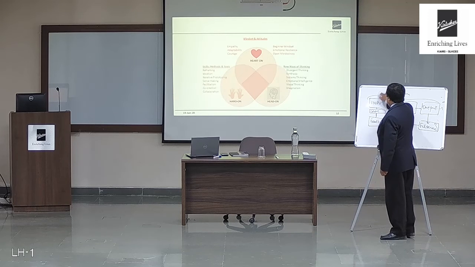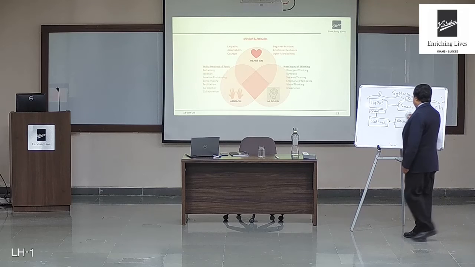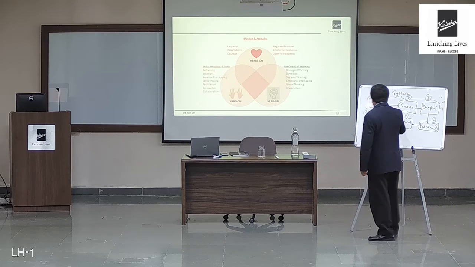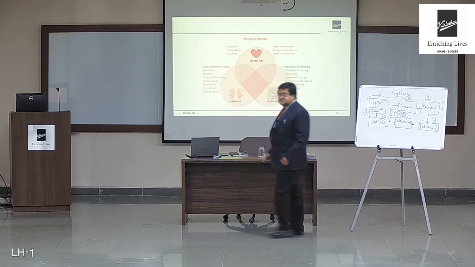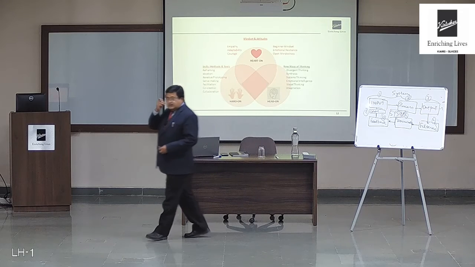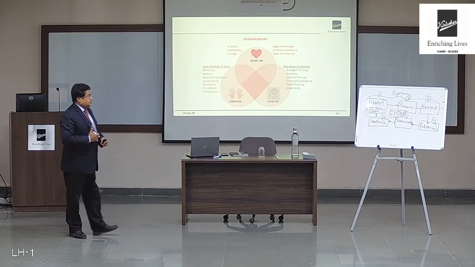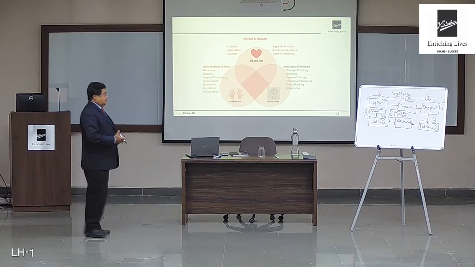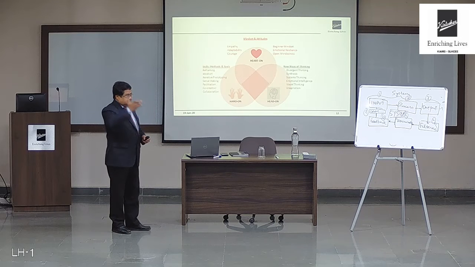So this is 1, 2, 3, 4, 5, 6, and 7. This is called a system. A system is a block of 7 interrelated steps. It starts with the input, process, output, filter, dissemination, feedback, control, and again it goes back to the input. So this is a continuous process.